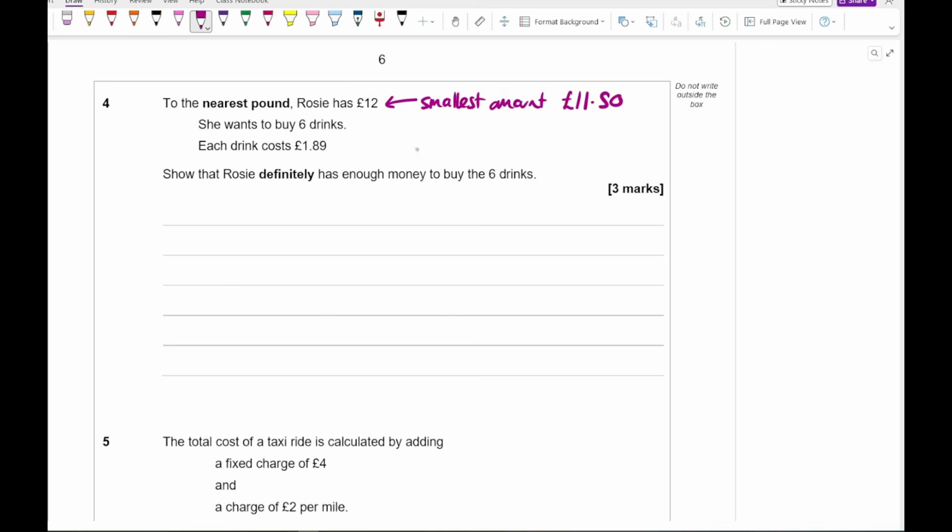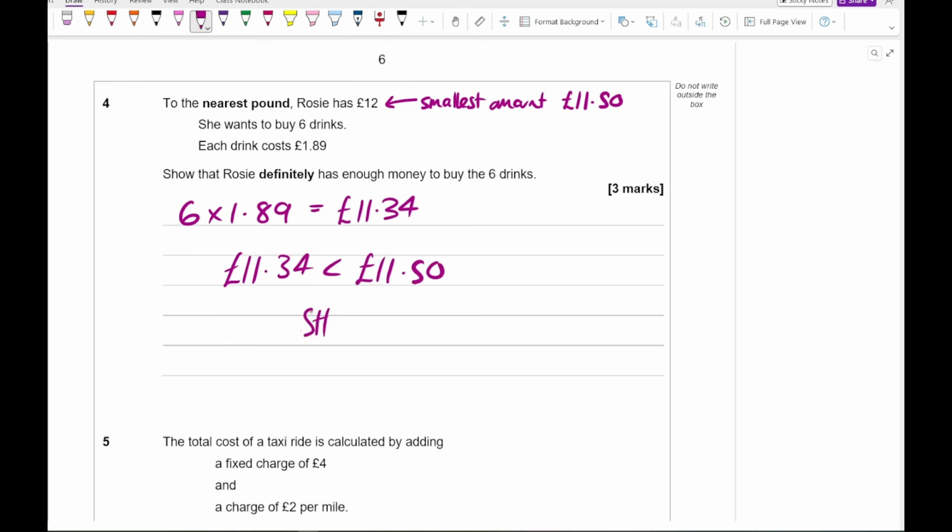So if we then do 6 multiplied by 1.89, we get a value of £11.34. So as £11.34 is smaller than £11.50, she has enough.